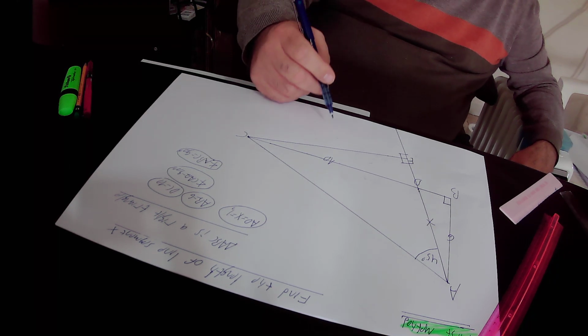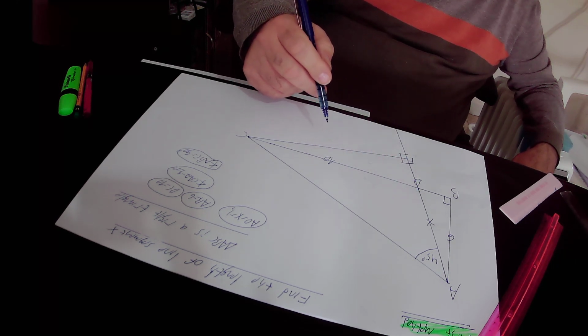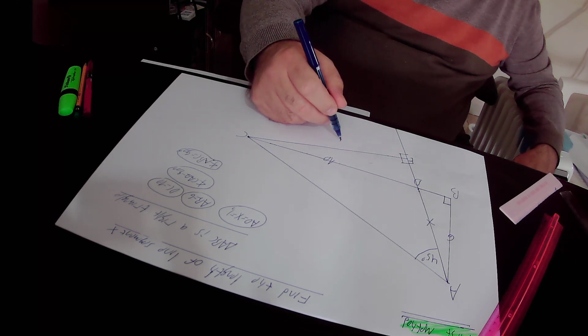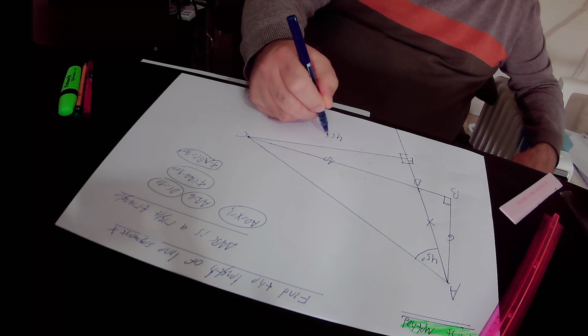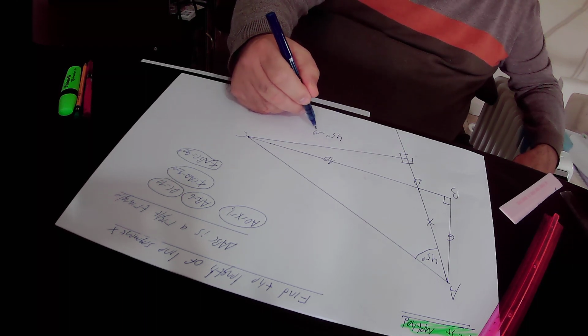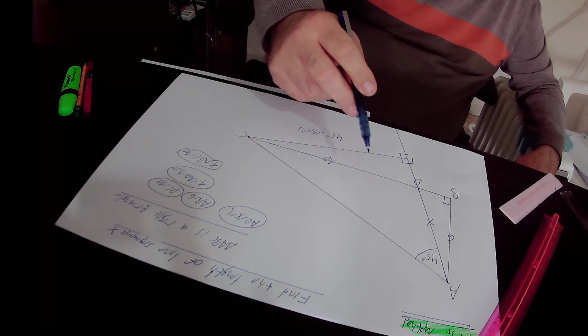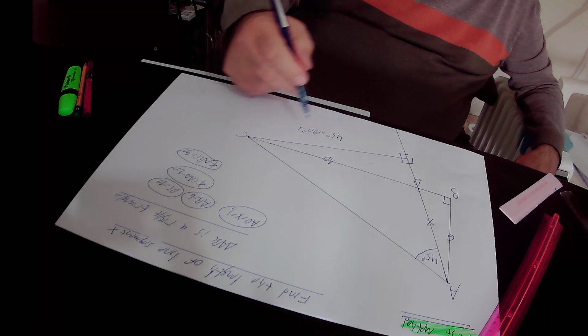So which angles do we have here? We have 45 degrees, and we have 90 degrees, and we also have the missing angle ACE.